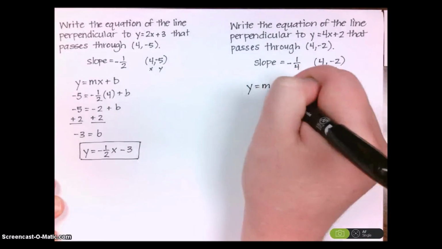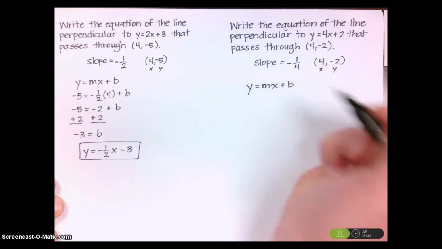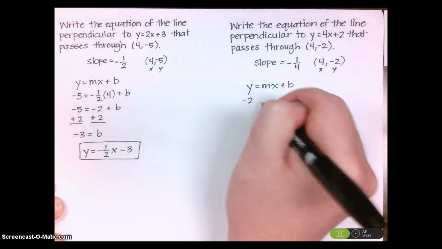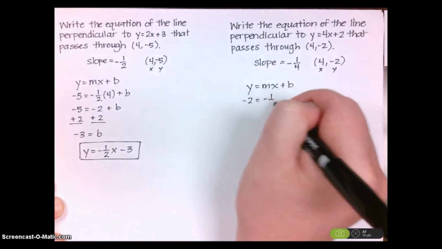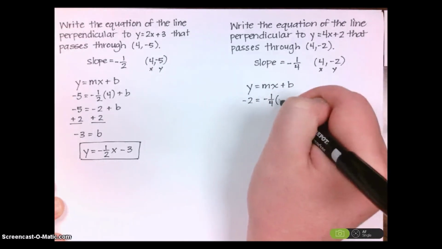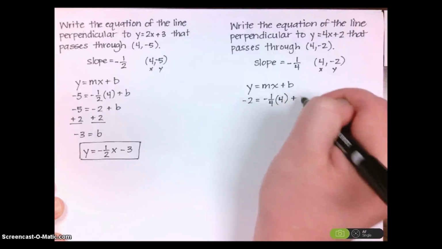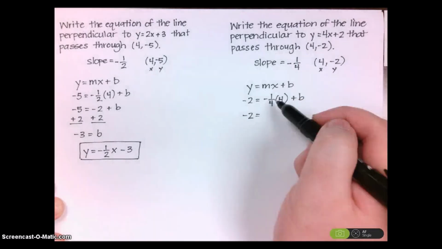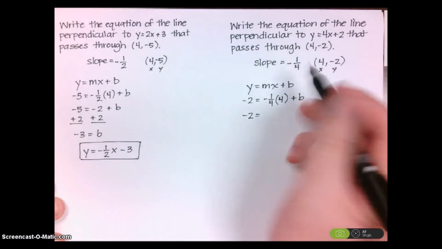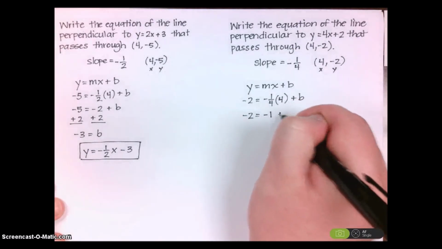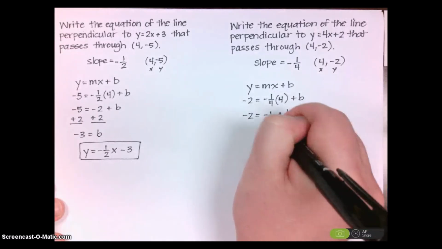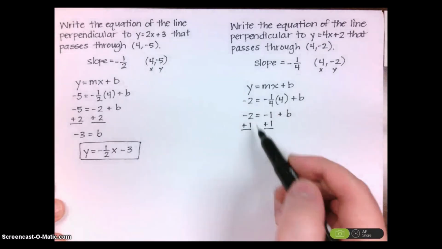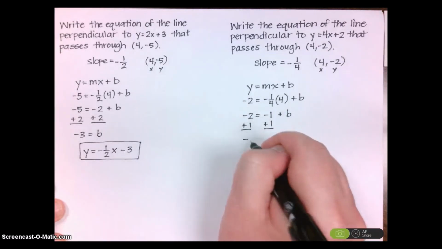y-intercept, or the slope-intercept form, starting with y, I'm going to plug in the values that I have. So y is -2, the slope is -1/4, times the x this time is 4 plus b. Rewriting this, -2 equals -1/4 times +4 is -1 plus b. To get b by itself, I'm going to add 1 to both sides. -2 plus +1 is -1.